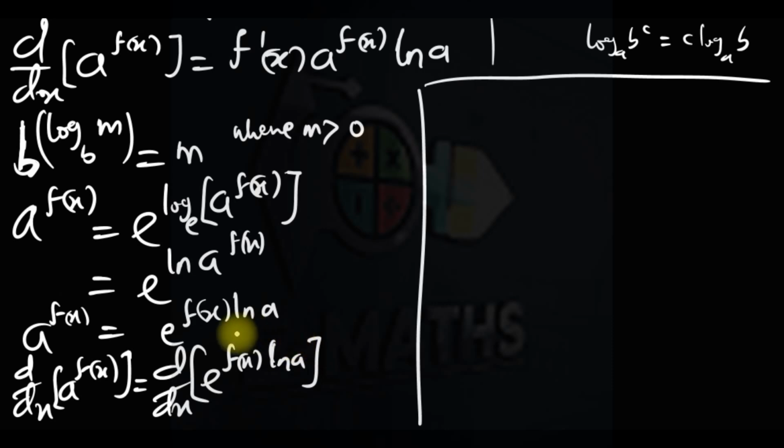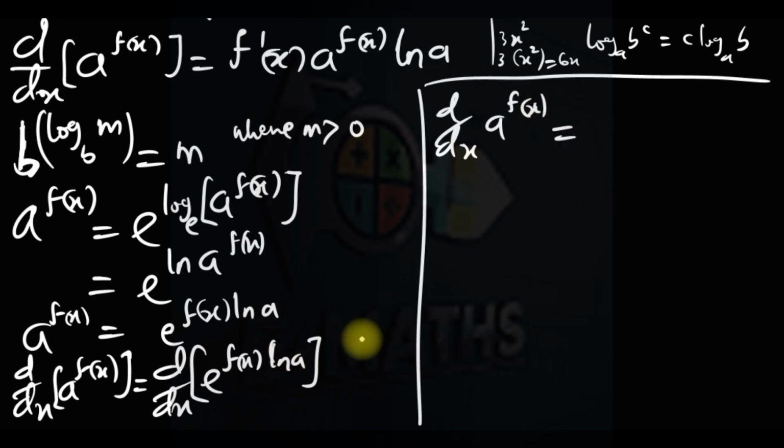So I now differentiate this, and ln a is a constant. For example, if someone asks you to differentiate 3x squared, it's the same thing as differentiating x squared and multiplying by 3. The derivative of x squared is 2x, so 3 times that is 6x. So the derivative of the exponent is now f prime x ln a, because ln a is a number.